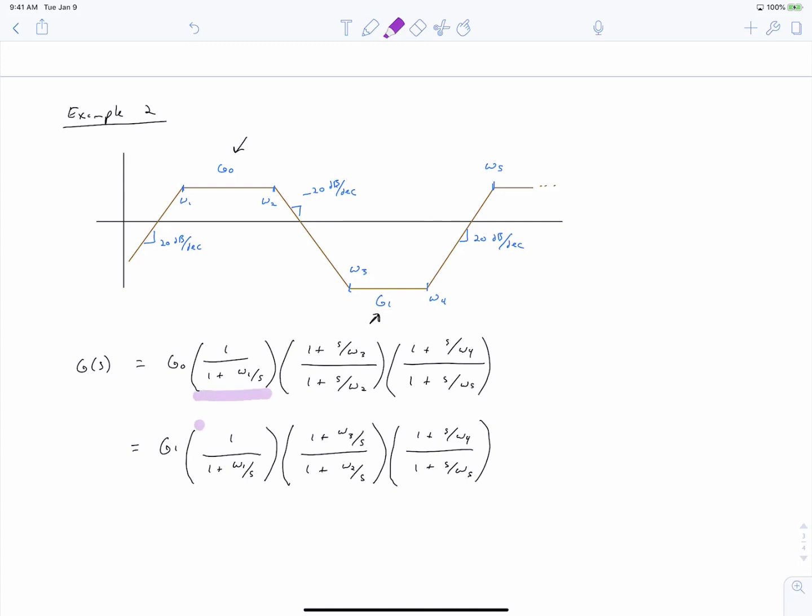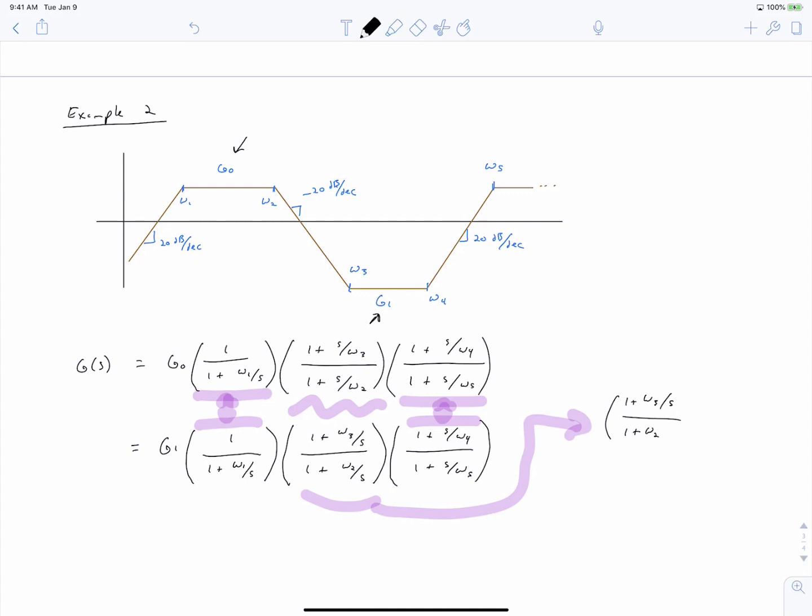We can see that this term and this term are equivalent, and this term and this term are equivalent, and so the difference is in this region here. And we can see that we can express our inverted pole and inverted zero in terms of normal poles and zeros.